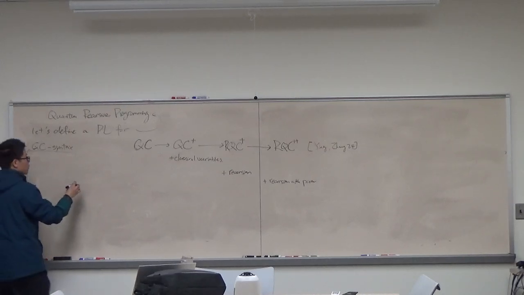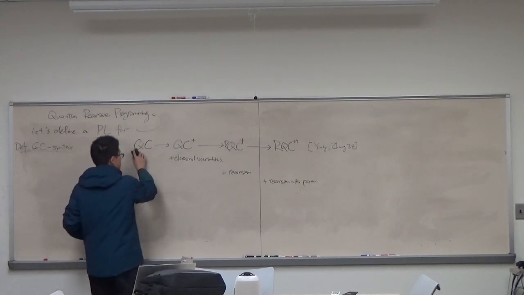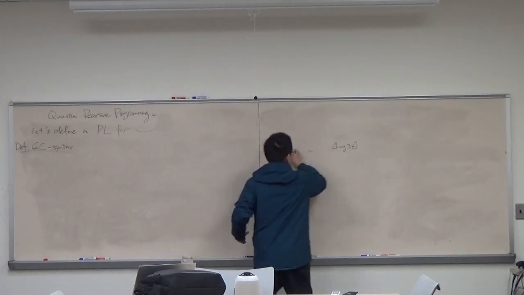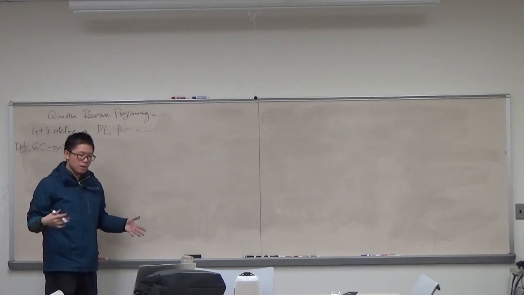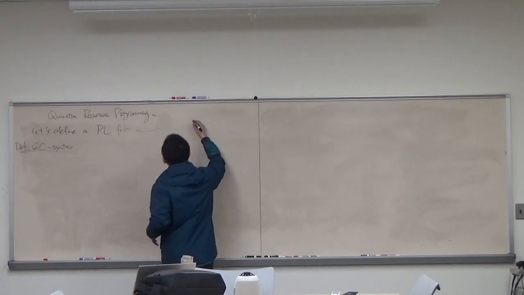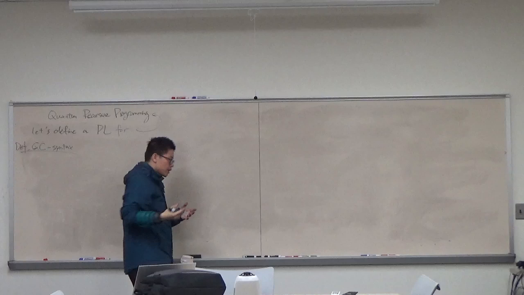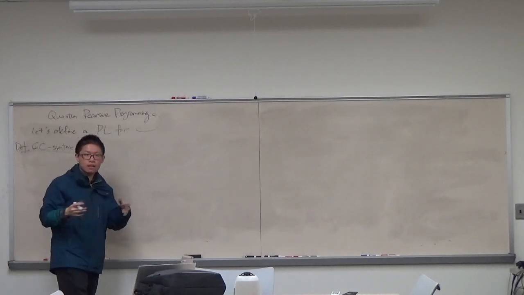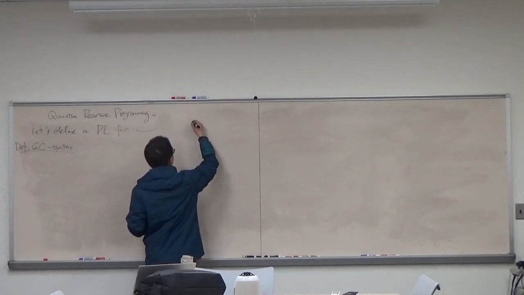I need to first mention some notions. Previously we were talking about quantum circuits, but when we consider programming, we need to deal with variables. So first we need to mention what a quantum variable is. Just like classical programs, you have a lot of variables, and you can make some arithmetic computations on these variables. So what are quantum variables?